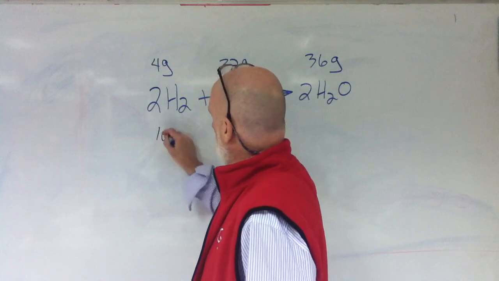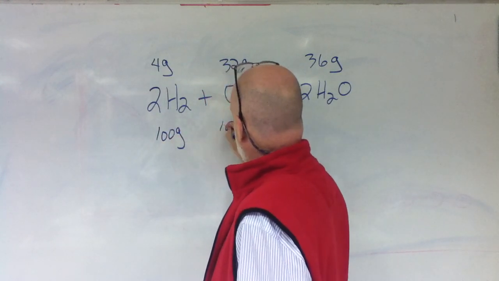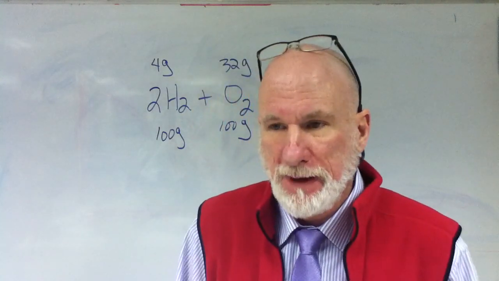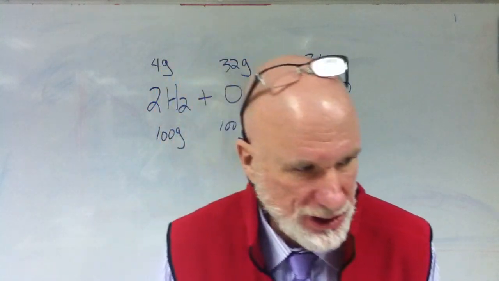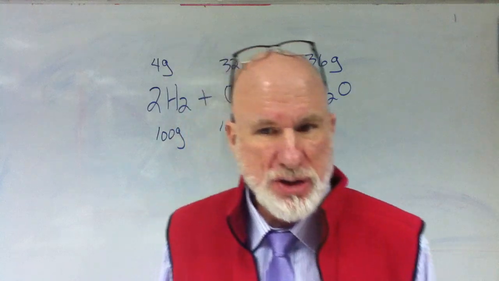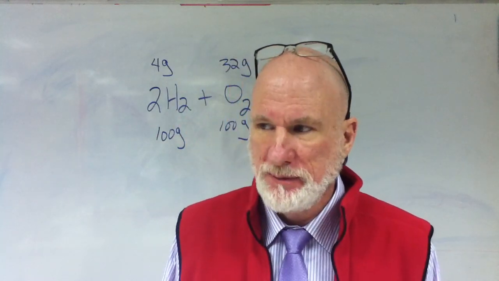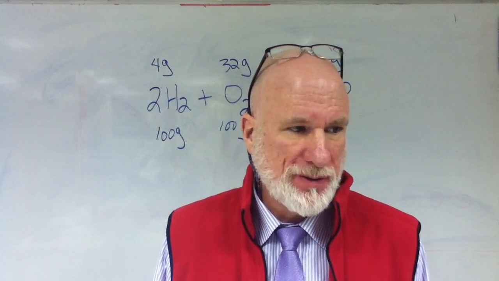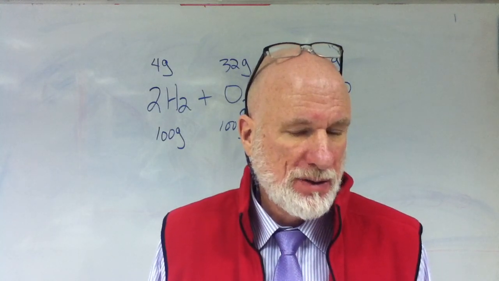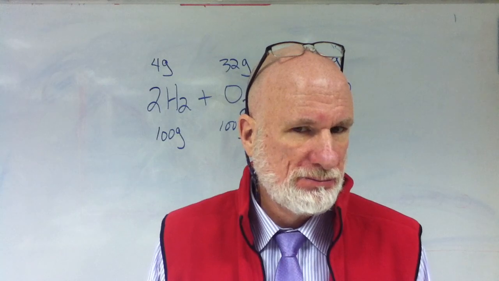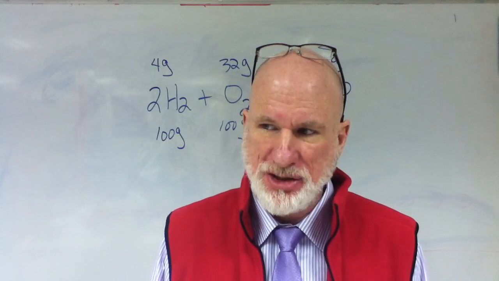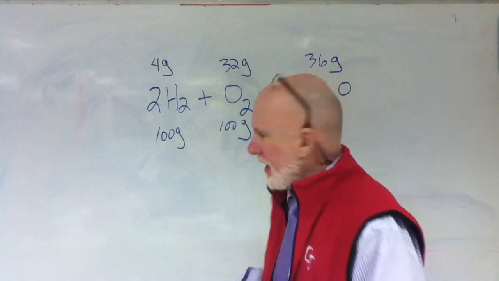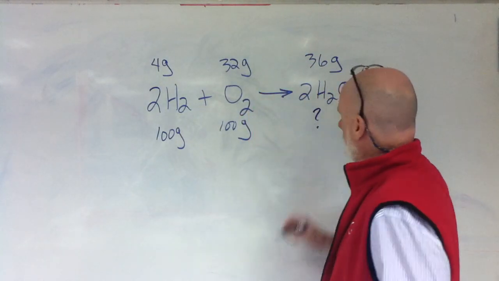Let's say I have 100 grams of each. Can you see which one is going to limit the reaction, and which one's going to be in excess? In other words, if I increased what mass, hydrogen or oxygen, would I increase the amount of water produced?